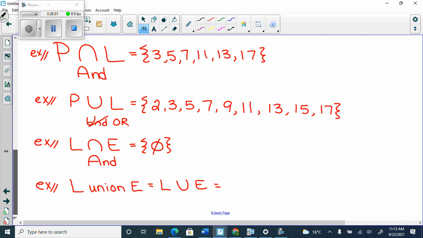Okay, what about L union E? U, when I go to write it, that doesn't make and, so it means or. What's in L or E? Lots of stuff, right? Everything that's in both, you just list it all, which is a whole bunch of things.